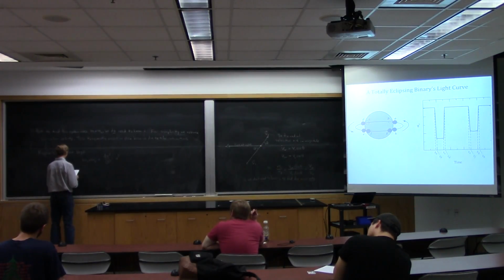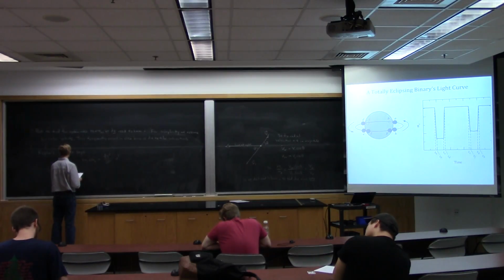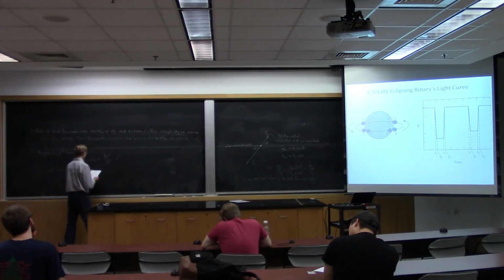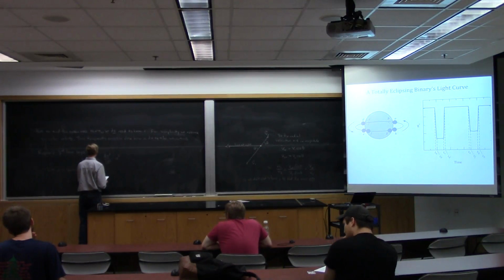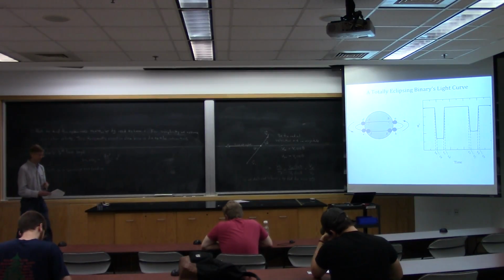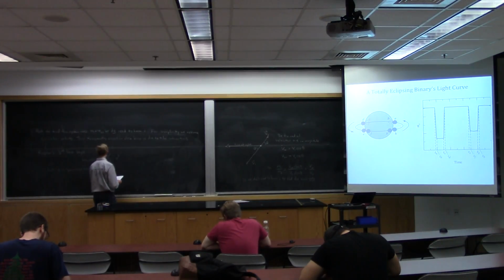So I can say, A equals the semi-major axis. But these are circular orbits, so that's just the radius of the circular relative orbit.